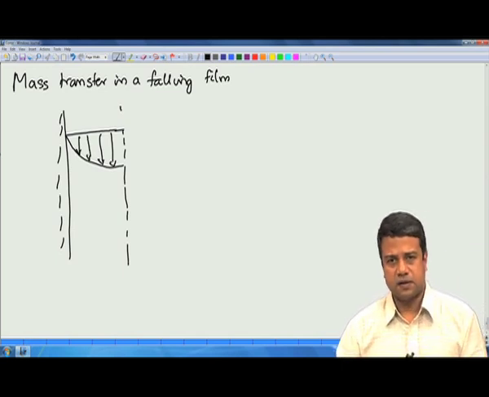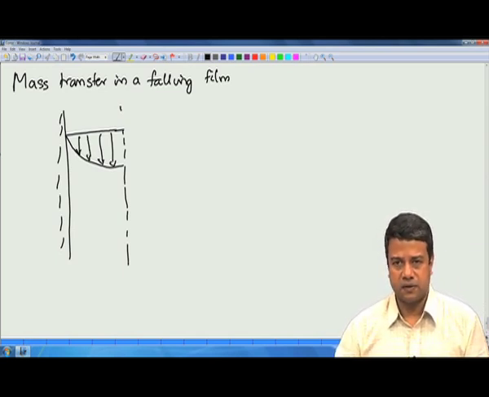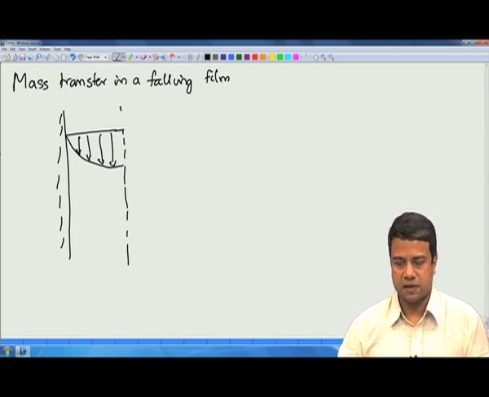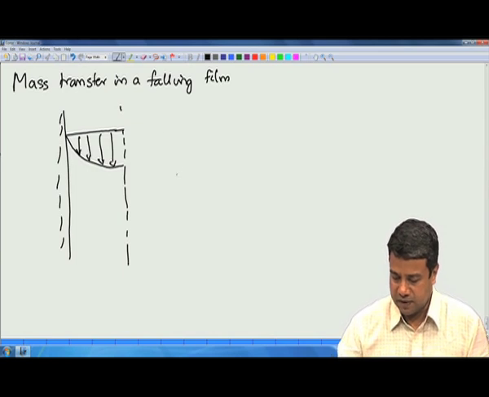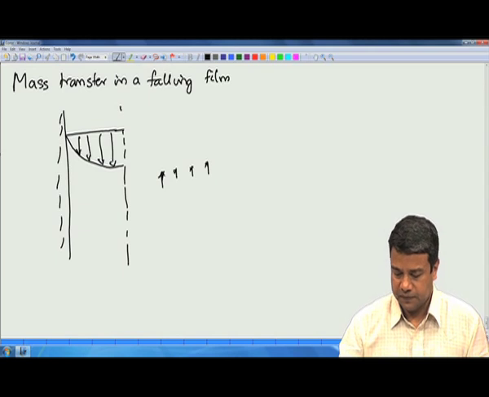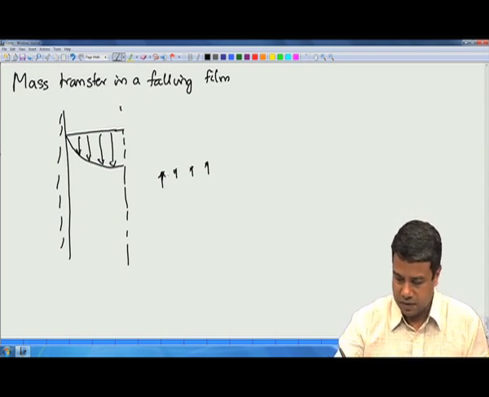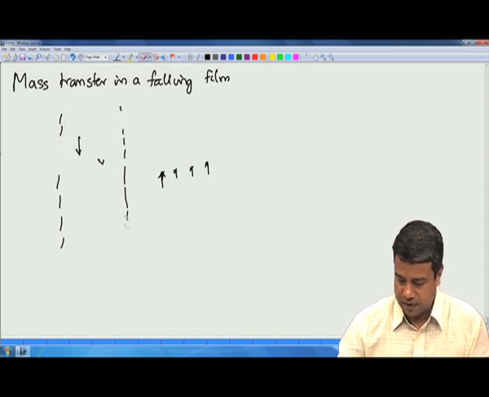These are operations called scrubbers, which try to reduce the poisonous gases in exhausts. So, you have a gas flow upward here, and you have a fluid flowing downwards. Okay. So, let me just draw this a little bit better for you.